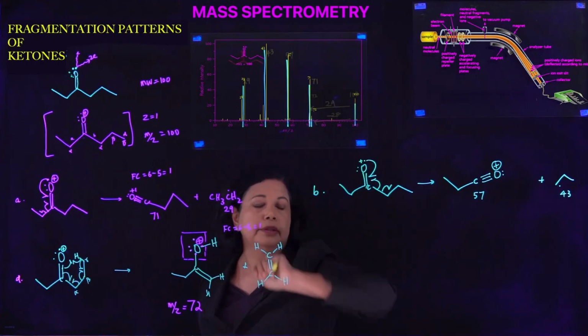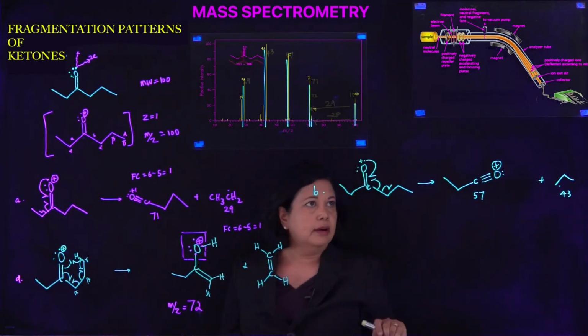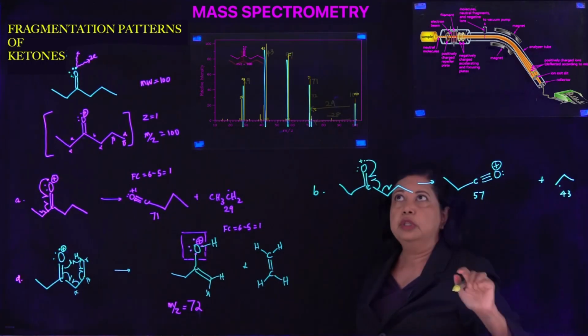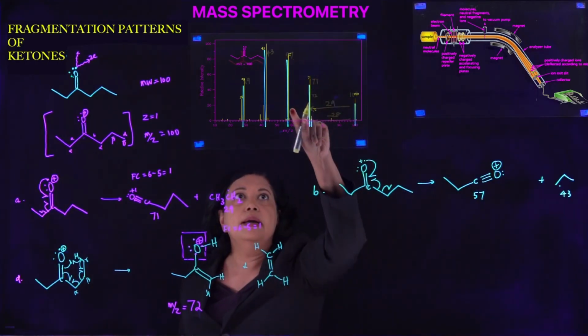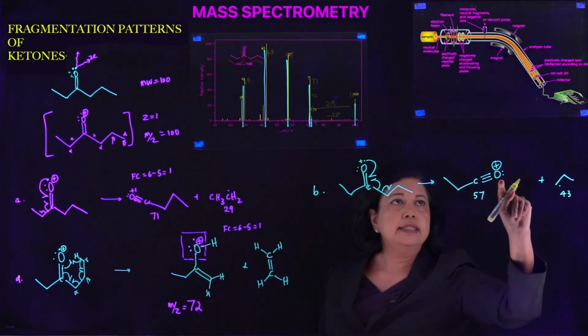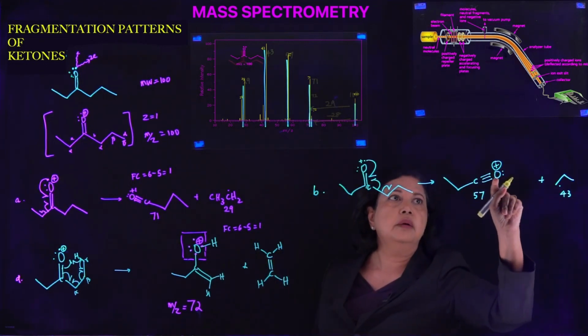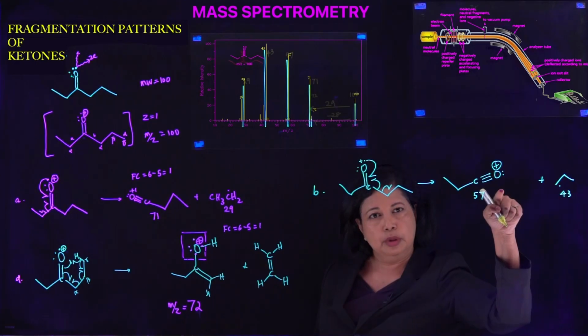Now you might think oxygen with a positive is really, really bad, and so how is it that it has such a high abundance? Even though you have a positive here, it is still obeying the octet rule.